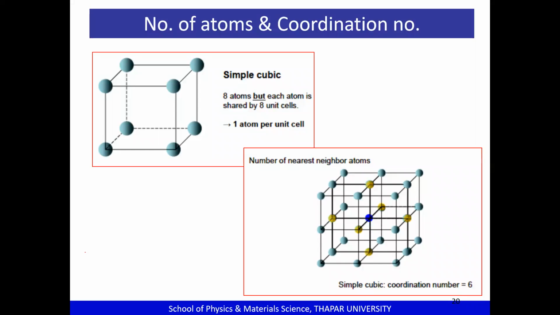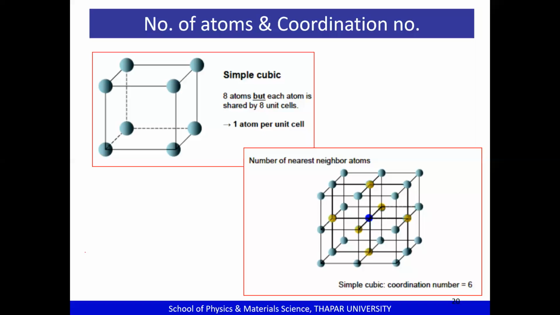This quantity, number of nearest neighbors, in technical terms is called the coordination number of the unit cell or Bravais lattice. So if somebody says coordination number, it is not something very hi-fi. It simply represents how many adjacent neighbors a given lattice point has.